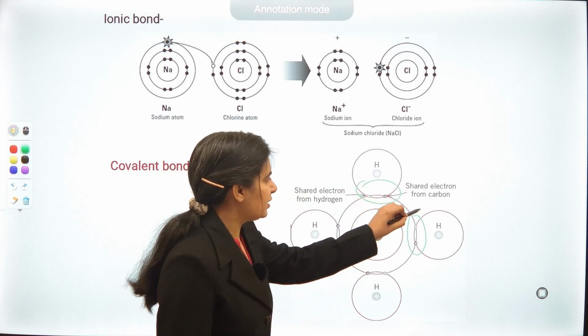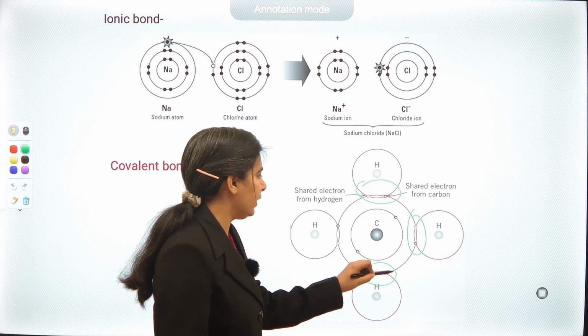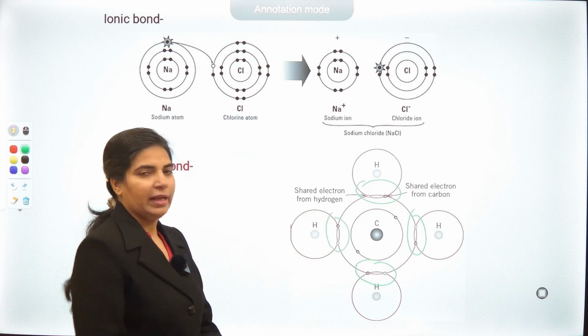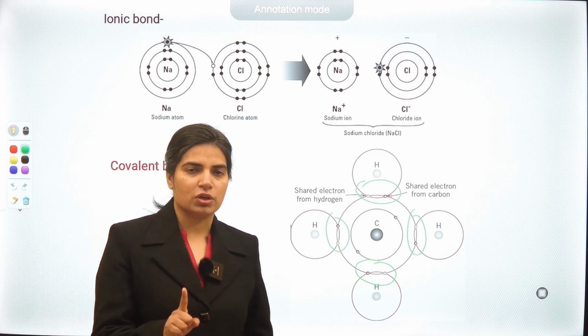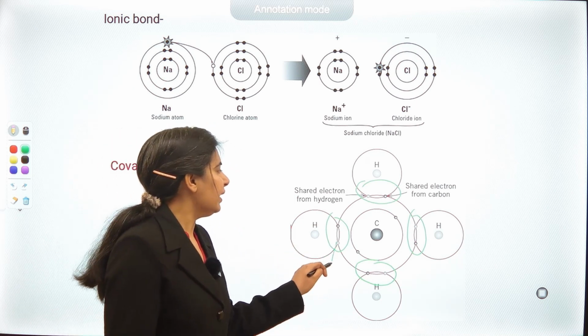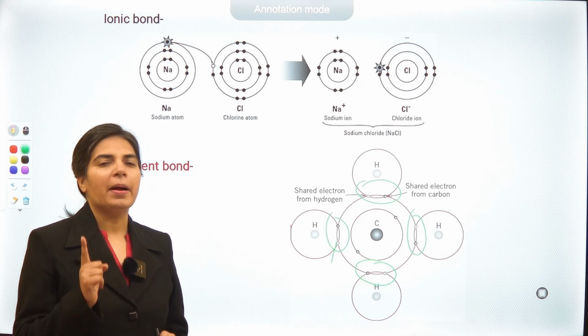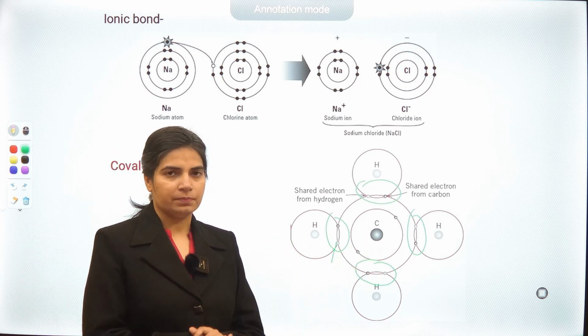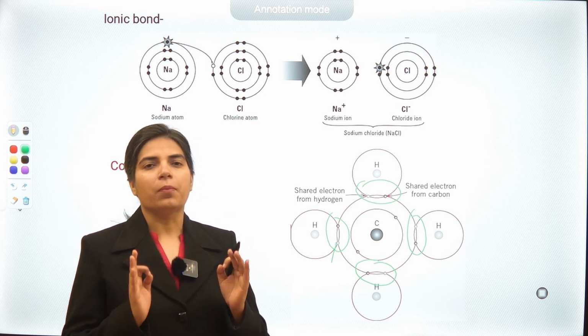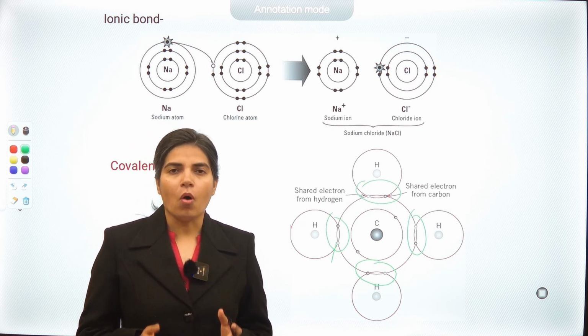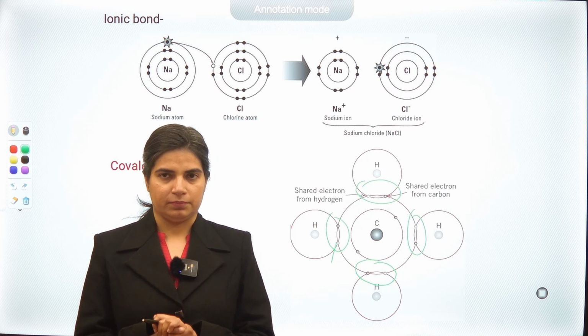Here, hydrogen is having 2 electrons, 2 electrons, 2 electrons. In that case, 1 electron is of the hydrogen and the other electron is gained by hydrogen from the carbon by sharing. So covalent bonds are those which are formed by sharing.